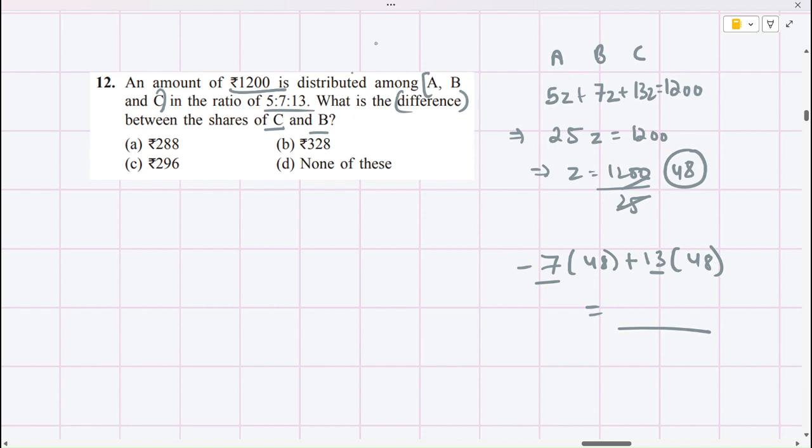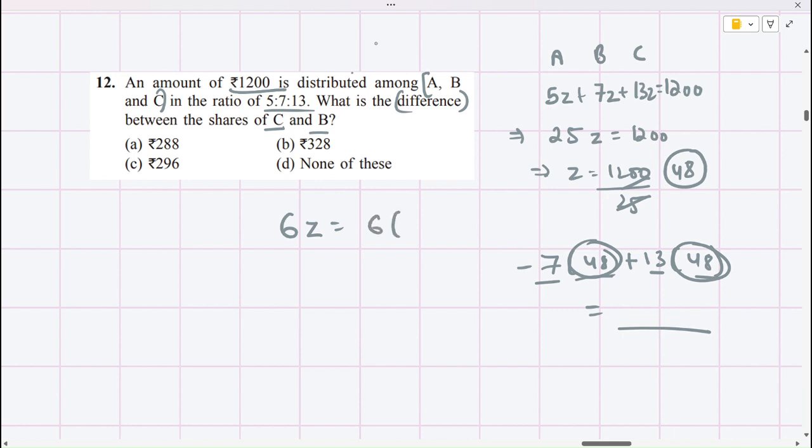Another way is to simplify this, this is the basic step, this is necessary. Then we'll directly subtract the ratios because this common thing is coming, right? 48. So we'll directly subtract the ratios of B and C. So 13 minus 7 will be equal to 6, right? So we'll write 6 here. So that means the difference will be 6z.